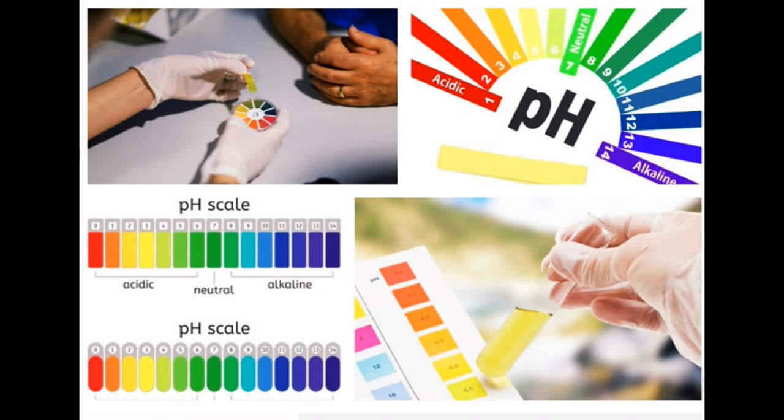Since the pH of the solution depends on the concentration of hydrogen ions, we can also say that the universal indicator shows different colors at different concentrations of hydrogen ions in the solution.